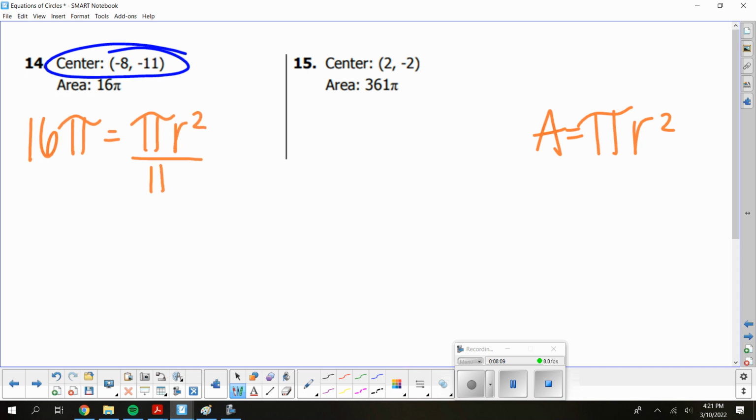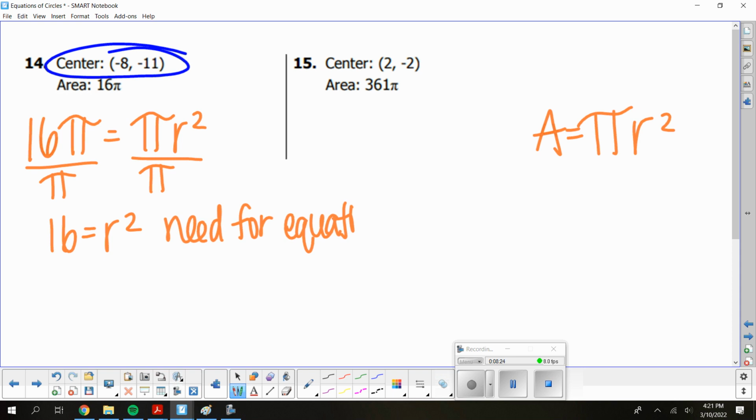So divide by pi, divide by pi, 16 is equal to r squared. Now technically, I would recommend stopping there because this is what we need for the equation. We need r squared. So we don't need to go back and find the radius just to square it again. But you can also find that radius to be 4 if that is something that you'd like.